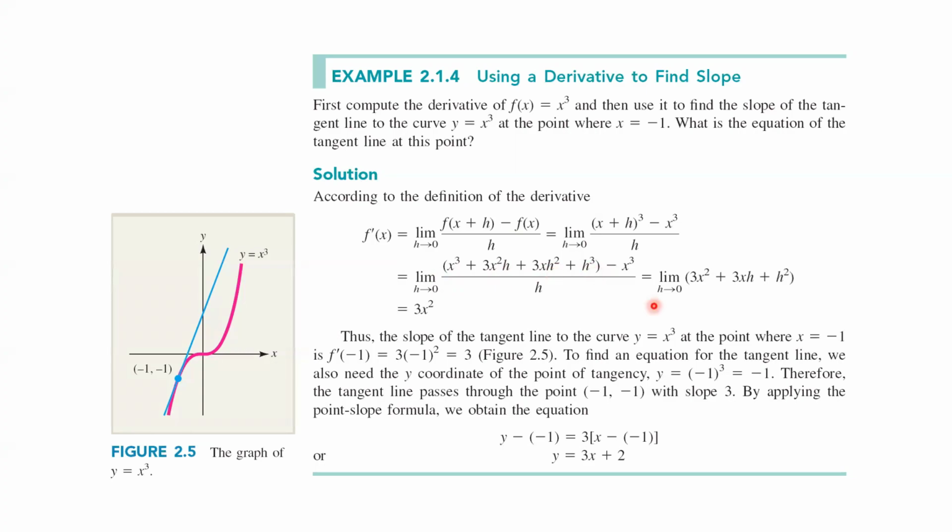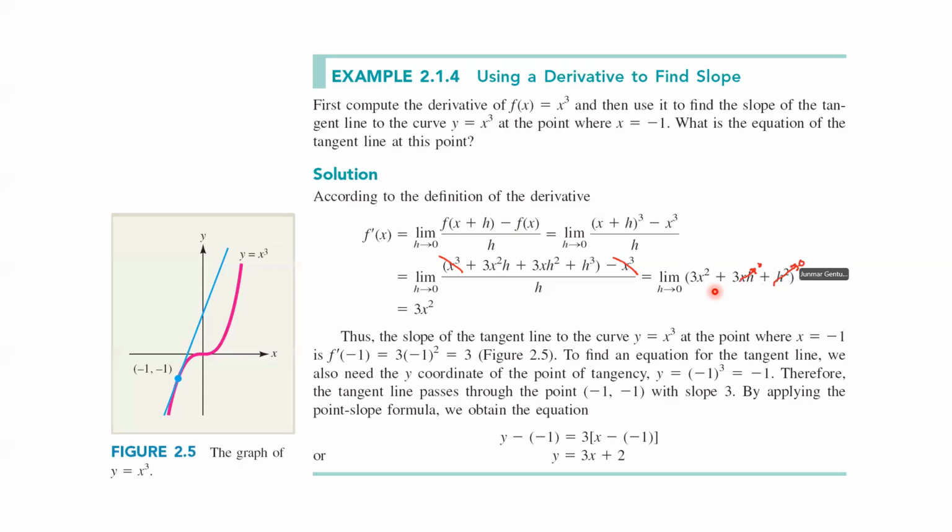Now we can cancel out the negative x cubed and the positive x cubed. The remaining terms all have h, so we can cancel the h. What is left is the limit as h approaches 0 of 3x squared plus 3xh plus h squared. As h approaches 0, these two terms also approach 0.